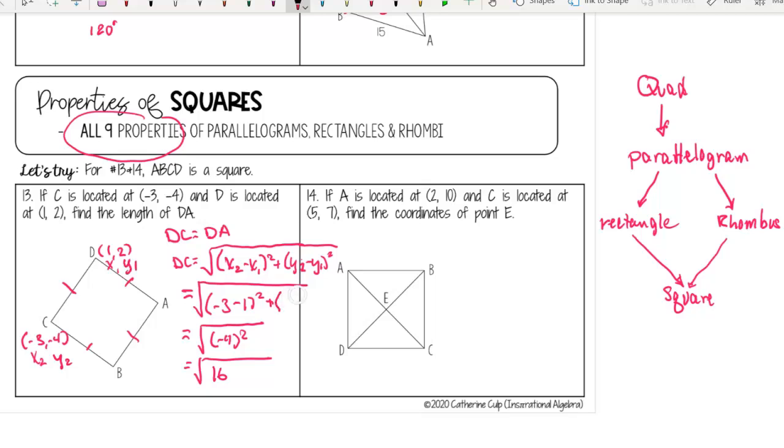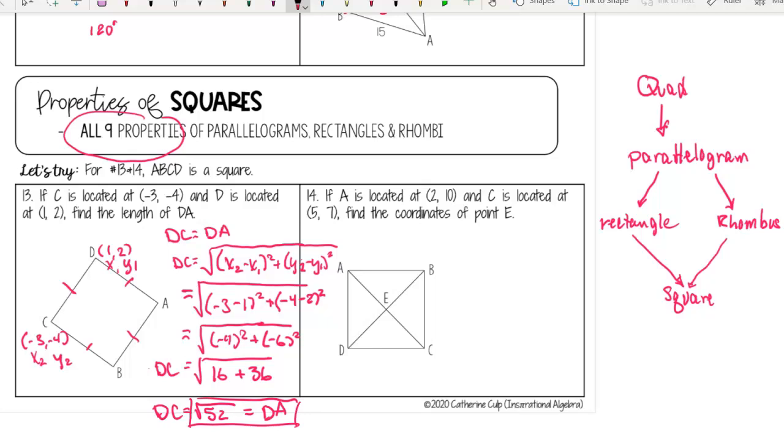So this will be -4 minus 2 squared, which is -6 squared. Notice that when I square them, they never turn out negative. That's 36. So DC equals the square root of 52. Well, DC and DA are congruent to each other. So that's that.